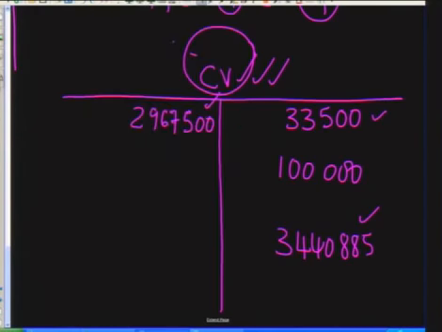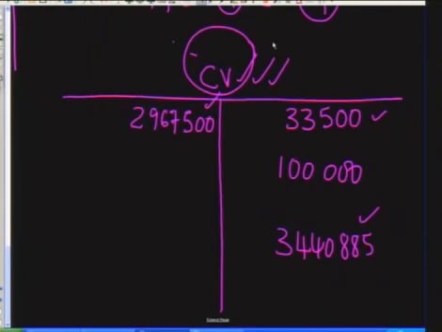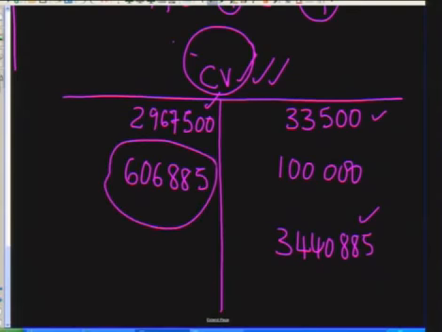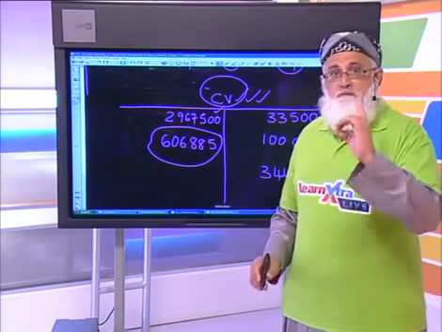We'll pick it up from here, it's not a problem. 2,967,500 minus 2,967,500. Okay, and that is equal to 606,885. Yes, grade 12s, what is that figure there? That figure is the amount of tangible assets that we have purchased.